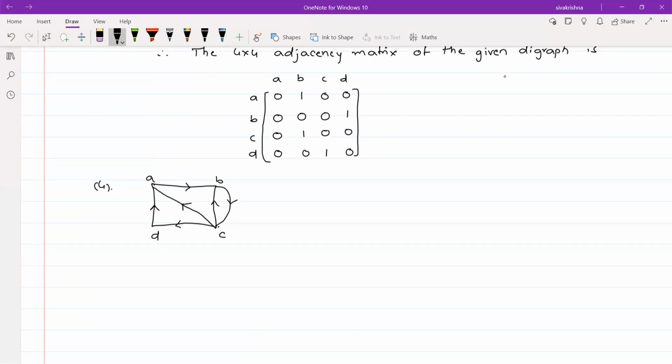Okay. And the fifth problem, A, B and C. Okay, so in the fourth problem we will get a 4x4 adjacency matrix, and in the fifth problem we get a 3x3 adjacency matrix. So try these 2 problems for homework. Thank you.